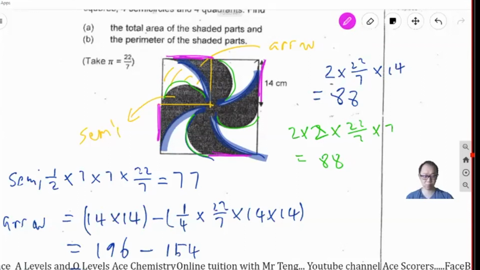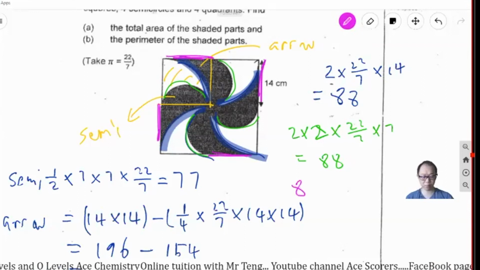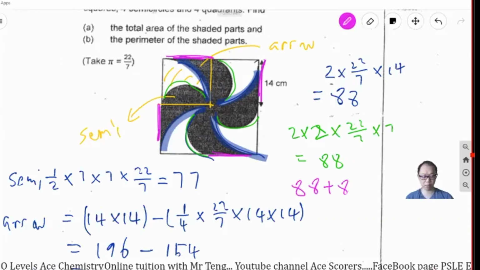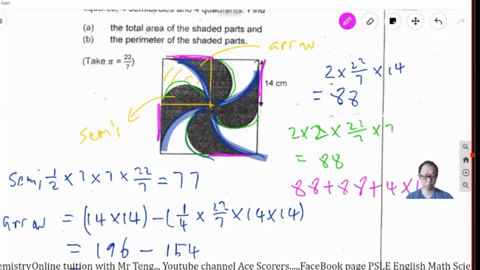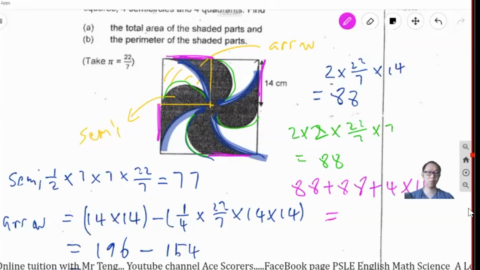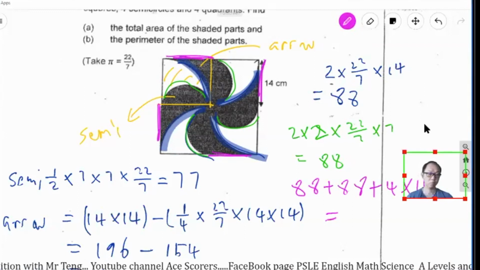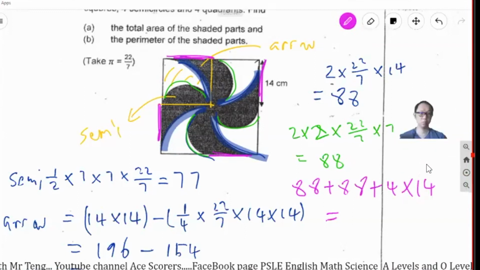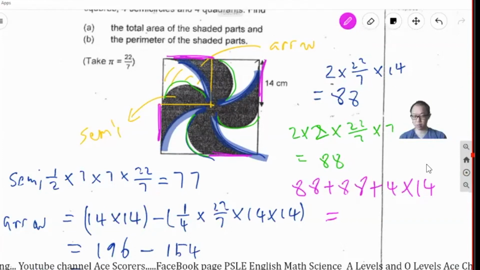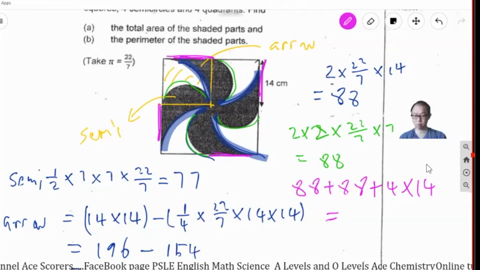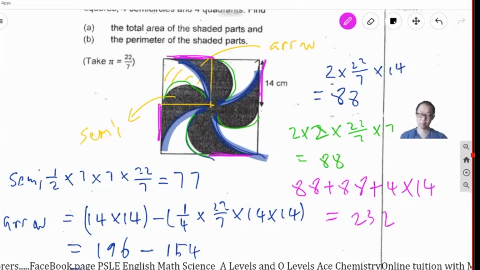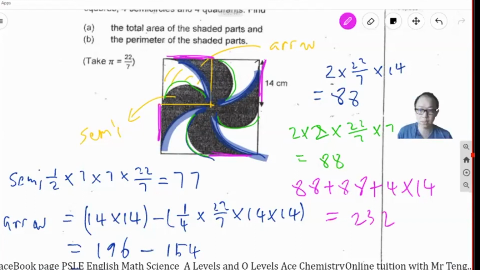So add everything together: 88 plus 88 plus 4 times 14. Right? 88 times 2 plus 14 times 4. We get 232. Okay, so this was the tedious question that I have.